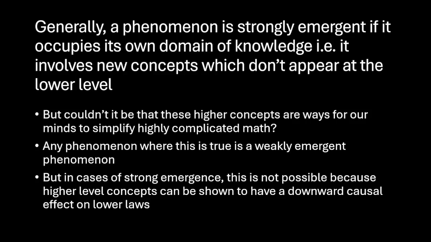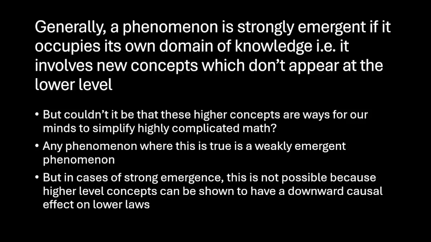Now, one might argue that these concepts, for example, the concept of purpose or evolution by natural selection, or any other concept that exists in the domain of biology, which doesn't appear to exist in the domain of physics, are just ways for our minds to simplify things, to put things into categories to make it more approachable for us.